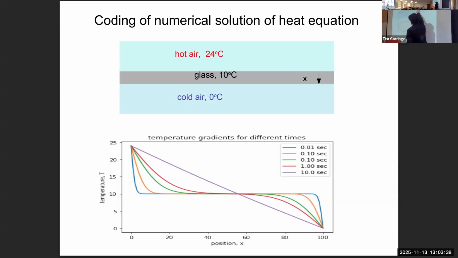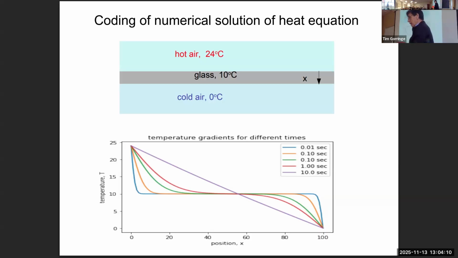So here's my picture of this problem, in which upstairs, this is inside our classroom, and outside is the air. It's not cold today. Outside is the colder temperature. So we've got 24 degrees inside and 0 degrees outside. And then the unrealistic part of this problem is that somehow the window just happened to be at 10 degrees Celsius, so some temperature in between.